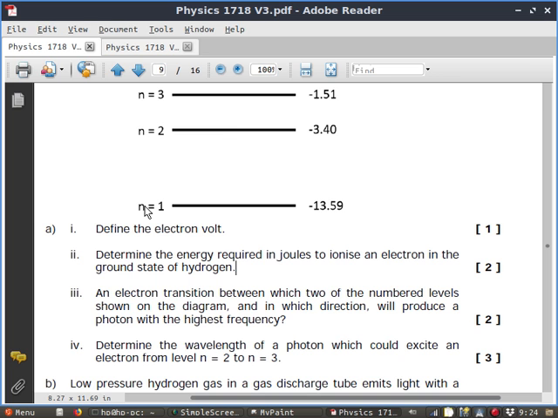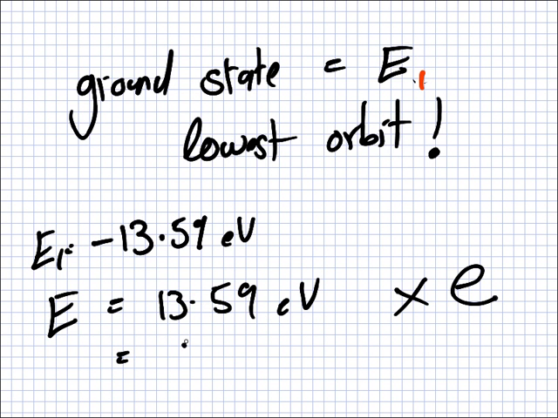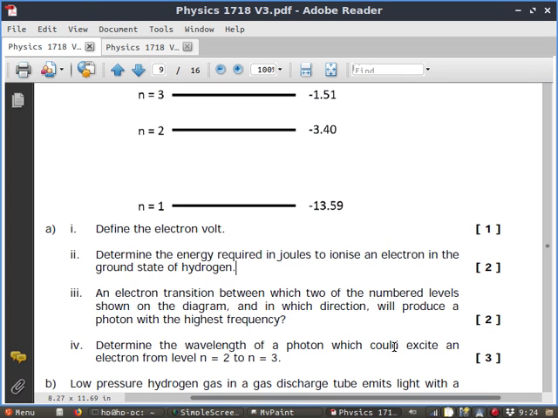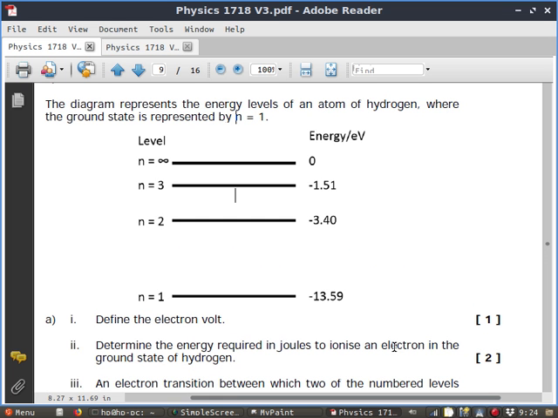What do you get? 2.18 times 10 to the minus 18. Yep. An electron transitions between which two of the numbered levels shown in the diagram, and in which direction, will produce the photon with the highest frequency? If the electron is here and it falls to here, it loses energy.